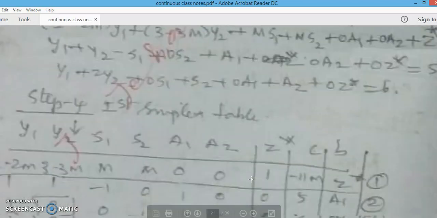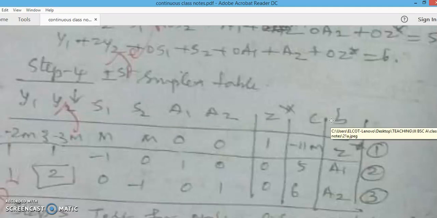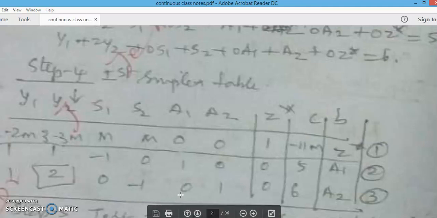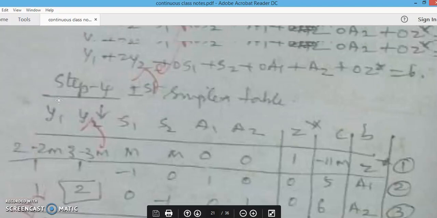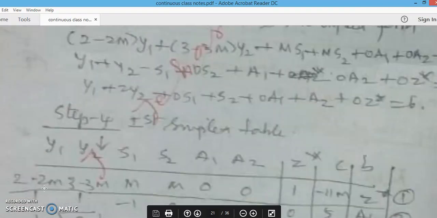Now step number 4 is the simplex table. We are putting all these equations in this box: y1, y2, s1, s2, a1, a2, z star, c, b, and everything. Okay, now look at that. For y1, right here, 2 minus 2M. Then the coefficient of y2 is 3 minus 3M.